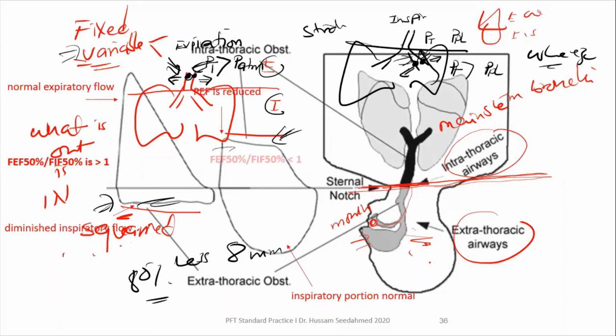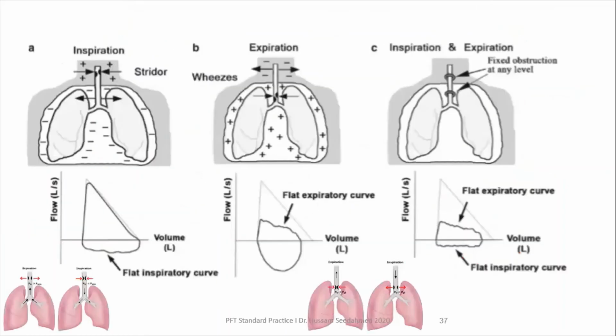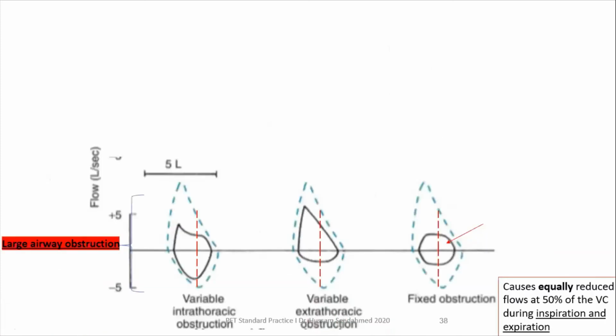So all of this is what I've been talking about. Extrathoracic: we have flattening of the inspiratory curve. Intrathoracic variable: the patient will have wheeze, and this will affect the expiratory phase. And fixed, for example tracheal stenosis: both the expiratory and inspiratory curves are flat.